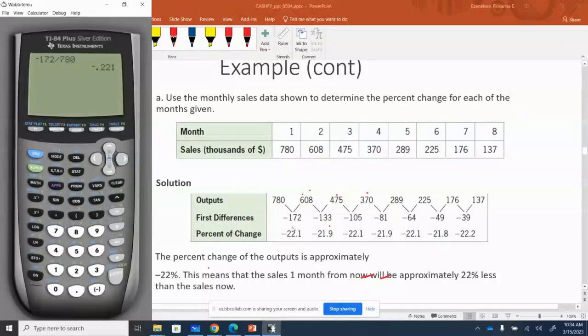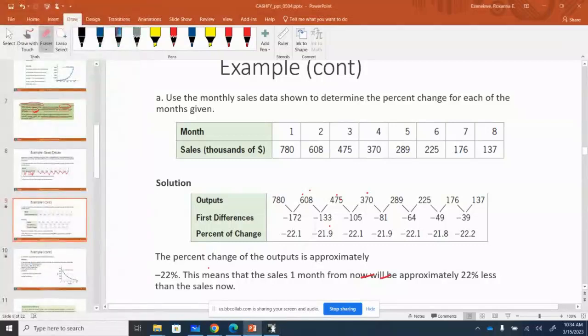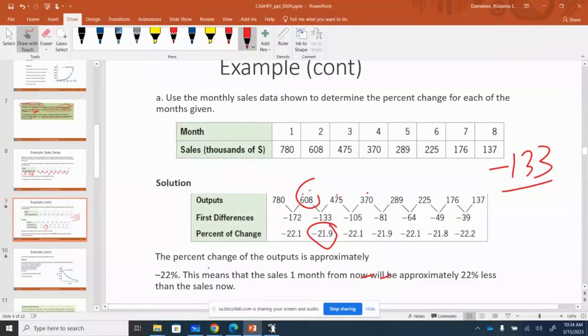That's why it is negative 22.1 percent here. Also, when you come over here, how do I find this number? I will do negative 133 divided by 608. When I do that, I'll get negative 0.219. Then I will change it to percent.